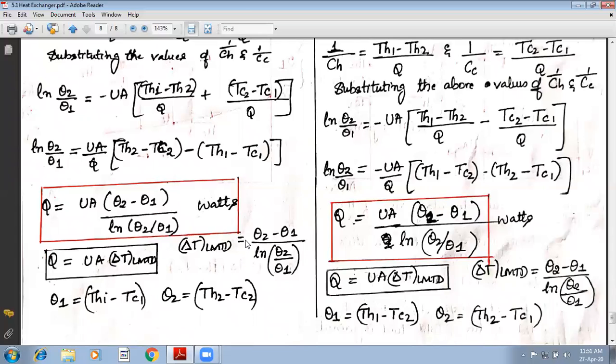Again, for the LMTD you will have theta 2 minus theta 1 divided by ln of theta 2 by theta 1, or theta 1 minus theta 2 divided by ln of theta 1 by theta 2. The only variation in the case of counterflow is that theta 2 and theta 1 will vary according to the inlet as well as outlet conditions, which we will see.